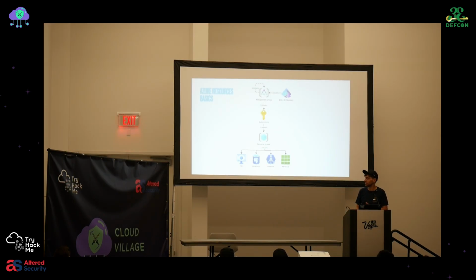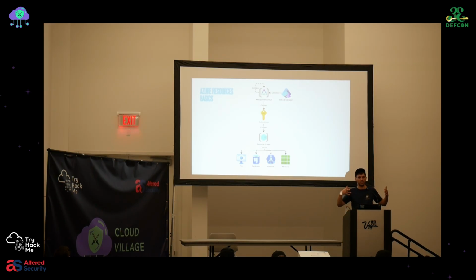Next we need to start understanding Azure resources. Azure resources is all of the infrastructure that you're going to deploy in Azure, be that VMs, databases, networks, all that kind of stuff. We can group that together into resource groups. That's really just an organizational tool. But then all of those different resource groups are going to be sitting in subscriptions.